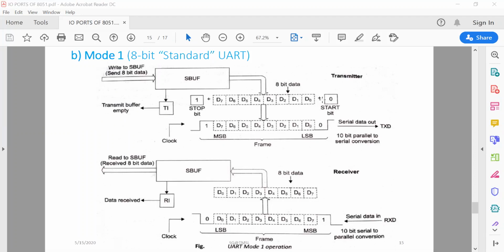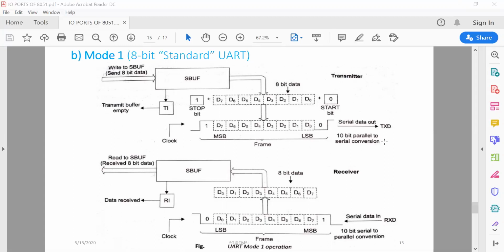So the total is 10 bits, 8 bits here, 9 and 10. So a total of 10 bits is formed by the hardware, which is incorporated inside this IC. Then this 10-bit parallel to serial conversion is performed, and 1 bit, LSB first, is transmitted at a time through the TXD pin, over here in this pin.